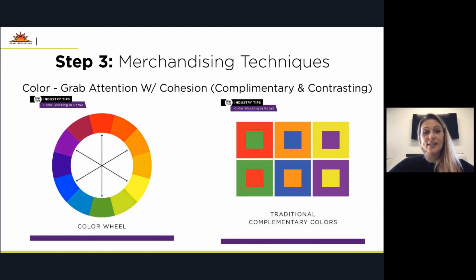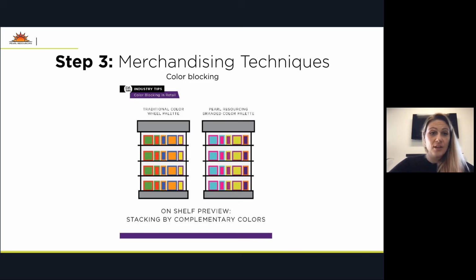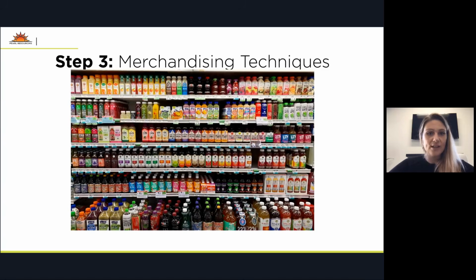Another merchandising technique that influences their placement decision is color. Obviously the contrasting of color and the ability of your product specifically to stand out, either within your brand family or against other products on the shelf like your competition. Buyers will often color block, taking products from different competing brands and placing them next to each other if they create contrast, because people's eyes and attention are really drawn towards color contrast.